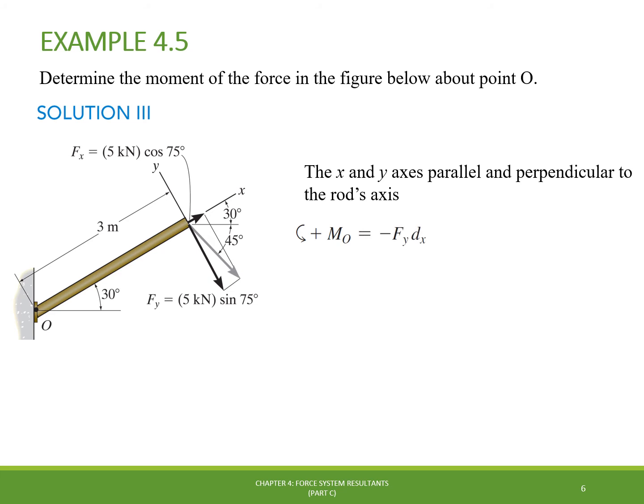Therefore, we just take the y component of the force, Fy, and multiply it by the length of the rod to get the moment. By taking the sine of 30 plus 45 degrees, which is 75 degrees, and multiplying it by the force magnitude, we end up having the same negative 14.5 kilonewton-meters we've got in the other two solutions.